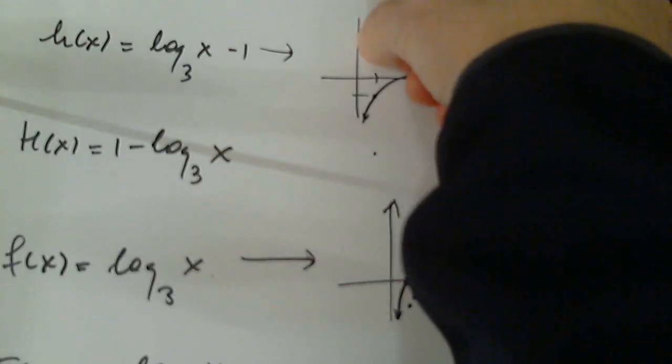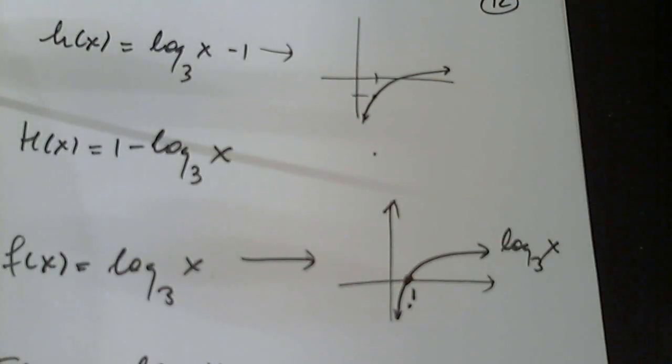It has the same asymptote, x equals 0. Good. Is it 49? Because there is nothing else. Good. Now let's stop sharing.